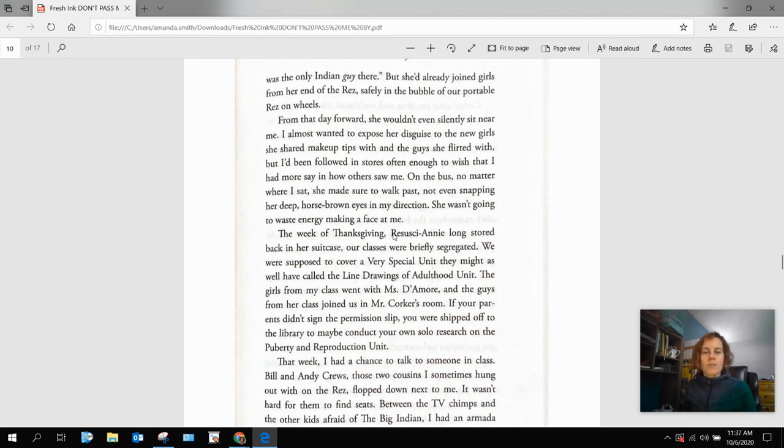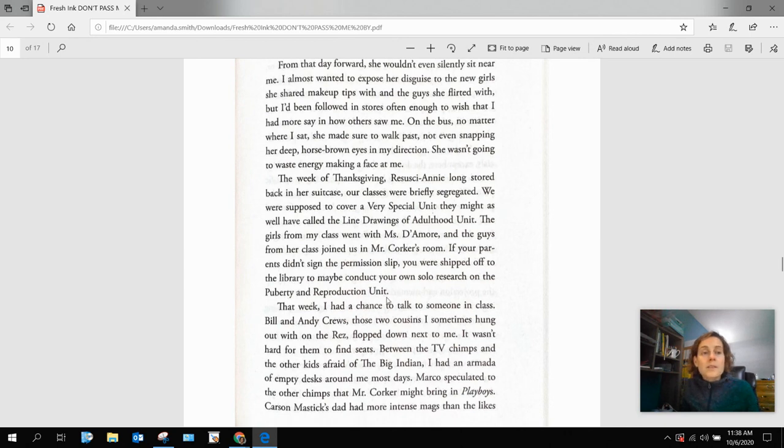The week of Thanksgiving, Resusci Annie long stored back in her suitcase, our classes were briefly segregated. We were supposed to cover a very special unit they might as well have called Line Drawings of Adulthood unit. The girls from my class went with Miss Diamore, and the guys from her class joined us in Mr. Corker's room. If your parents didn't sign the permission slip, you were shipped off to the library to maybe conduct your own solo research on the puberty and reproduction unit.